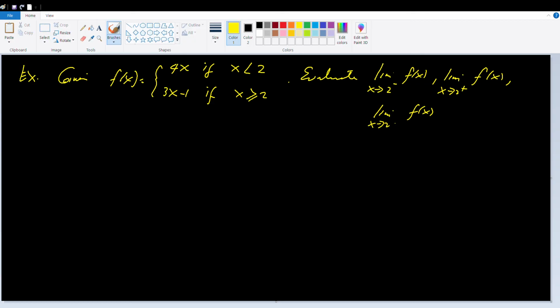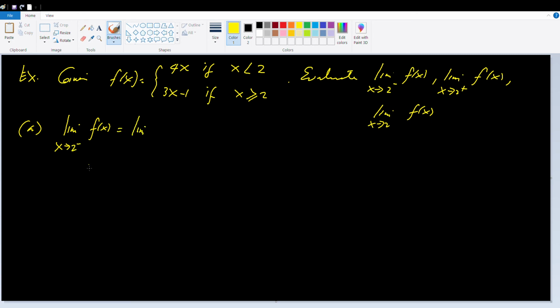Okay. So for the given function f defined by f of x equal to 4x if x is less than 2 and 3x minus 1 if x is greater than or equal to 2, we evaluate the left hand and the right hand limit of f as x approaches 2 and determine also if the two-sided limit exists. So first, the limit of f of x as x approaches 2 from the left.